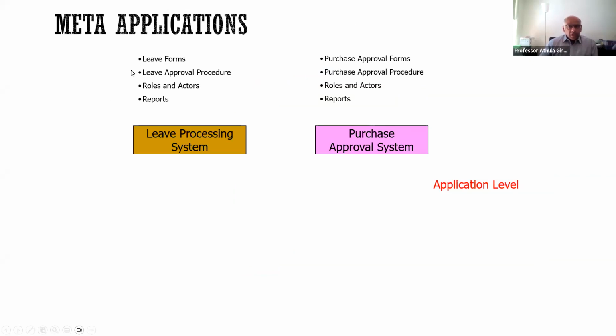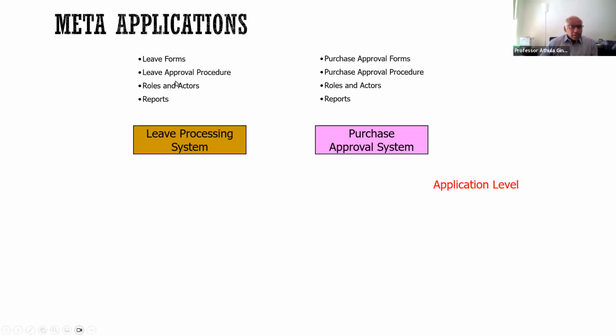And here's an example. Take two systems, a leave processing system and a purchase approval system, which are pretty common, very basic systems. If you look at the two, in one we have a leave form to fill. In the other one, we have a purchase approval form to be filled. Then one follows a leave approval procedure, the other a purchase approval procedure, which is a workflow.